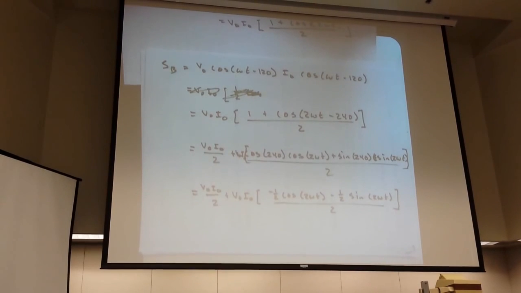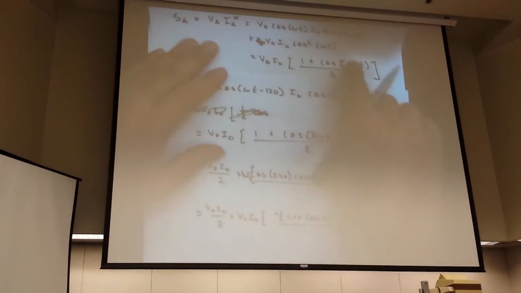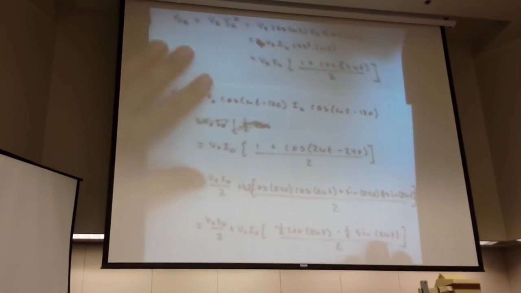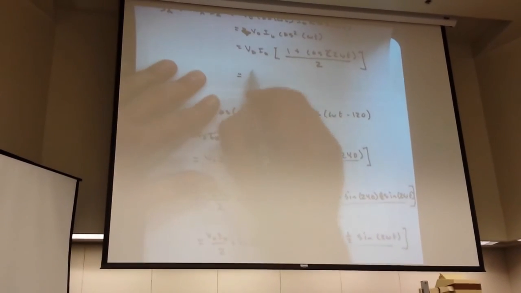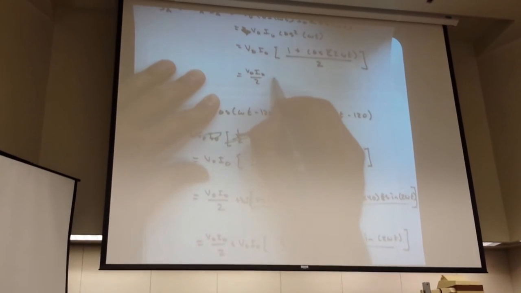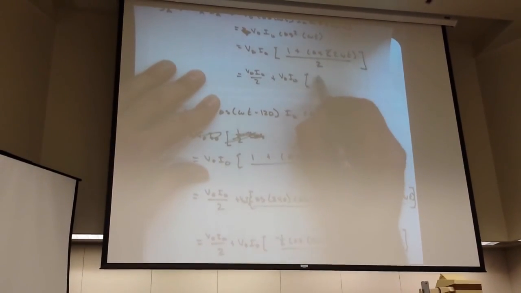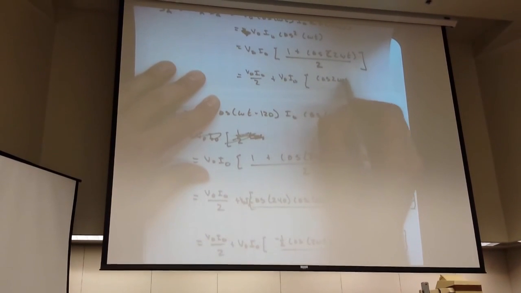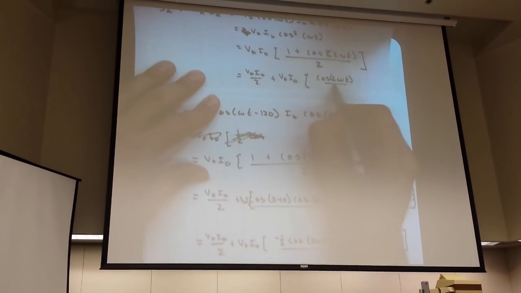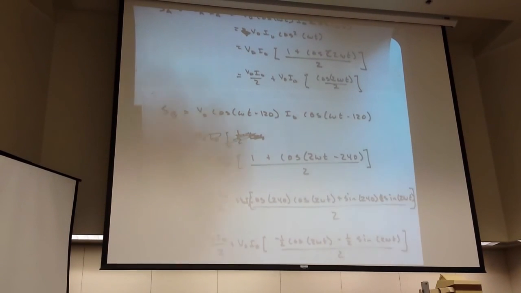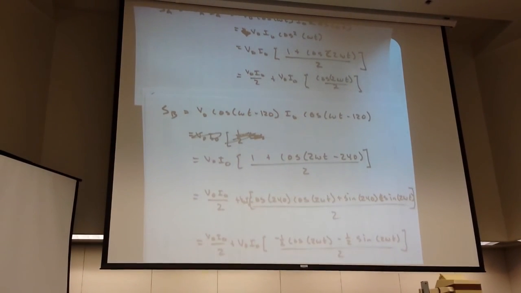I'm trying to keep the other one up here. Maybe we can just write this as one more step. V naught I naught over 2 plus V naught I naught cosine 2 omega t over 2. So there's our SA.